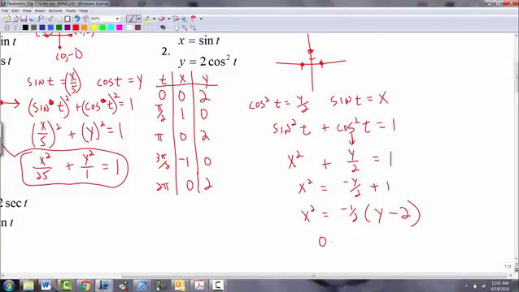Yes, this is a parabola with a vertex at 0, comma 2, as noted up here. But the problem is this is limited for x values from -1 to 1 because of what happens in the original parametric equation. And of course the range is only from 0 to 2, but that's what you're limited to as far as graphing this parabola. So it's not the whole thing, it's just this little chunk.